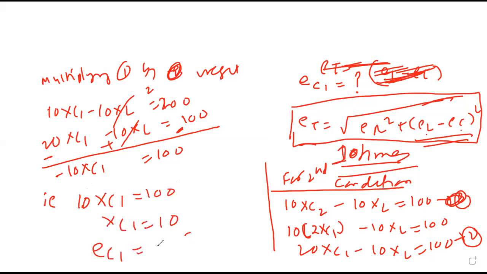Now EC1 is I1 into XC1. 5 into 10, 50 volt. 50 volt is given in option B.